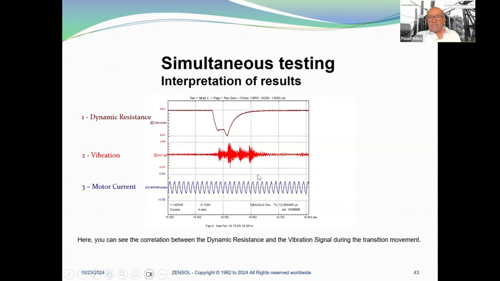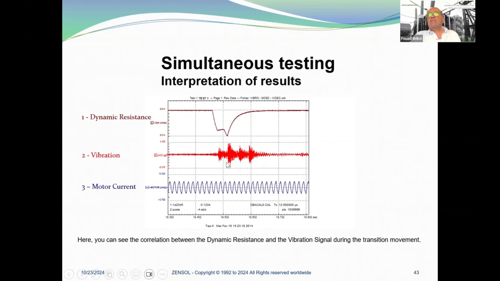So in fact, thanks to the dynamic resistance, you are able to understand exactly the vibroacoustic signal. This test is done offline, and the goal of correlating these two signals is to learn the vibroacoustic signal.